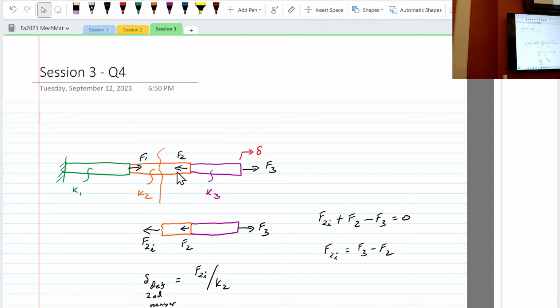We don't know how this moves to that. But if we use some forces in this case, then we would know how much.